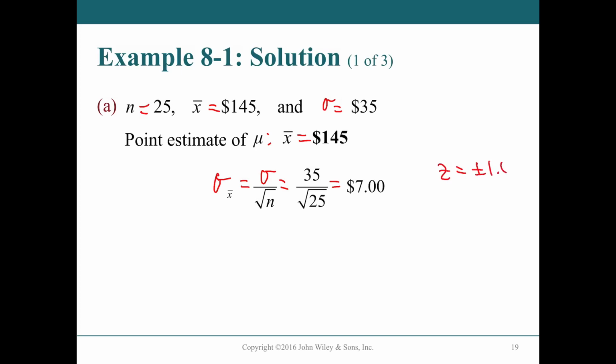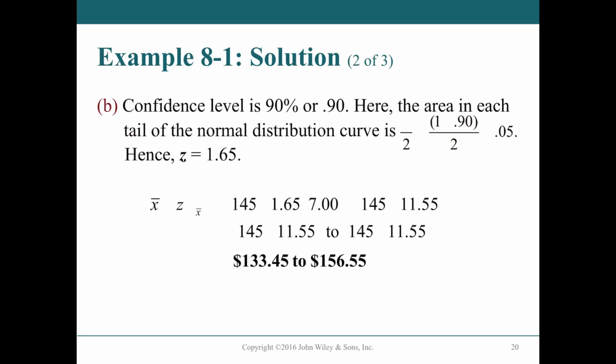Don't use your calculator for that one. Okay, so now we've got our sigma and we have our Z. Remember that was plus and minus 1.65. That's the magic value of Z for a 90% level or 90% confidence interval, abbreviated CI.